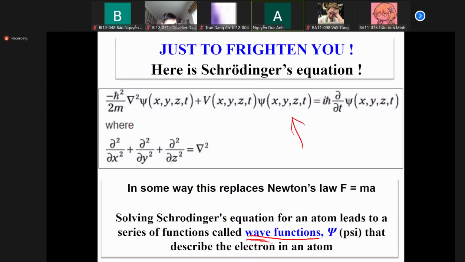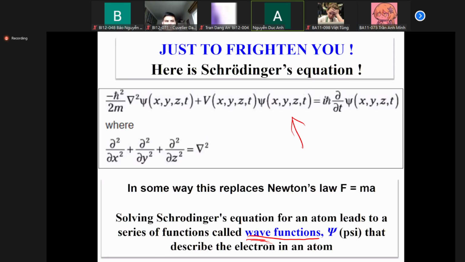So the psi here will describe the electron in an atom. It means that the electron now will move around the nucleus in a space, and that area in space will be described by the wave function, including the shape, the size, the direction or orientation of that area in terms of the spherical coordinate or normal coordinate system.